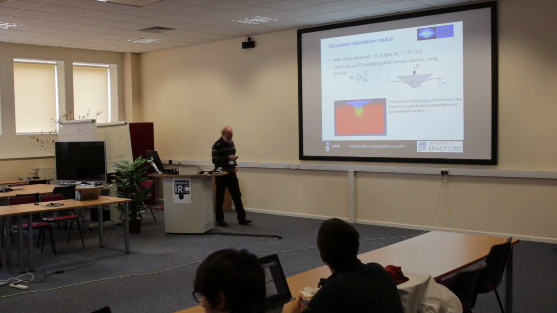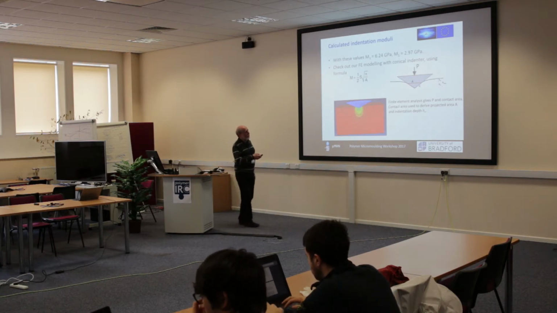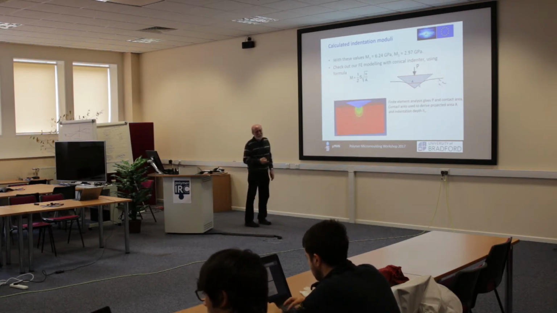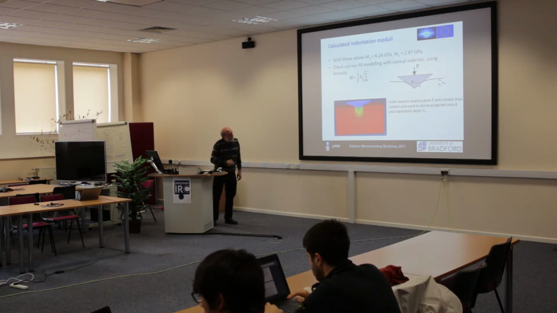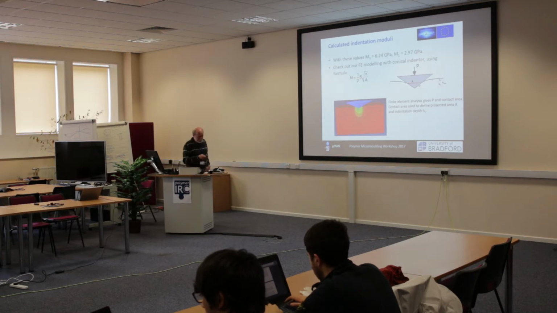So from that, if we know the geometry of the indenter, we know the indenter angle, then we can use geometry to calculate the HC and calculate the projected area. So the essential things are there for output, and we can use this formula on the results from the FE.